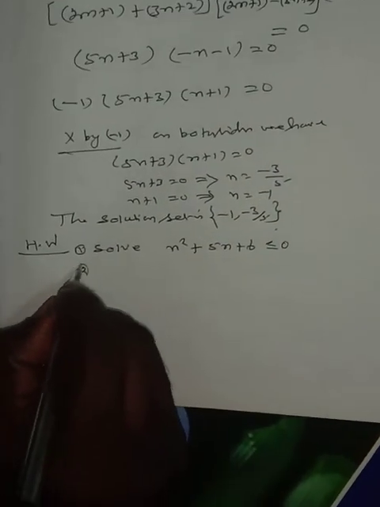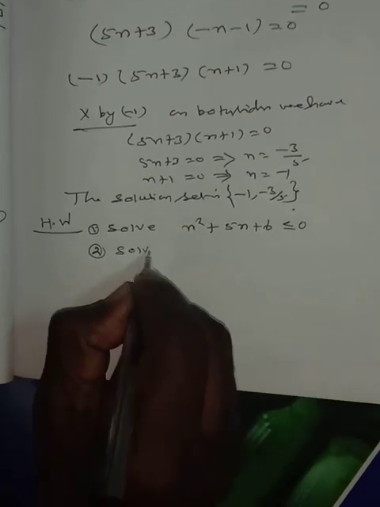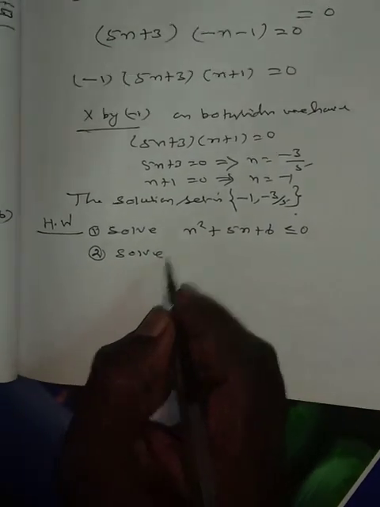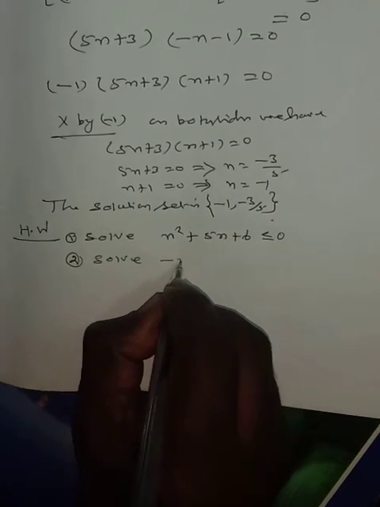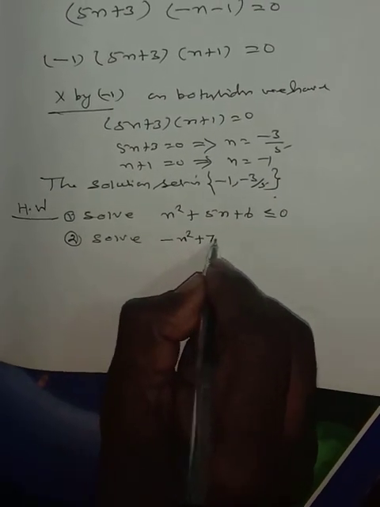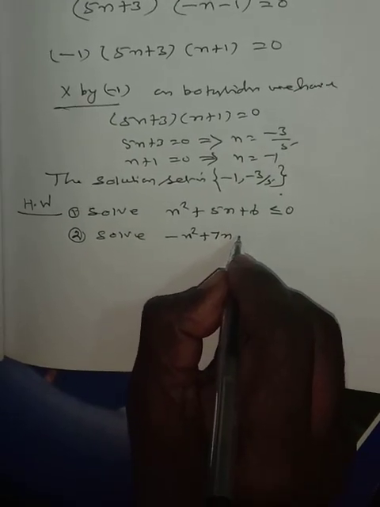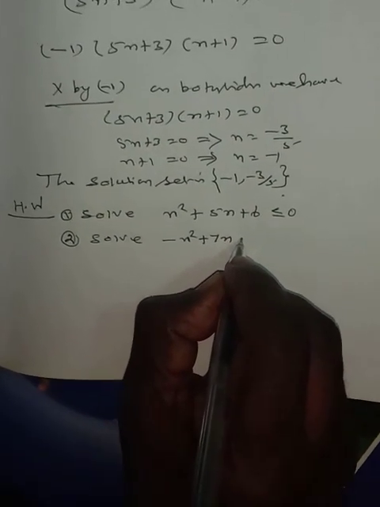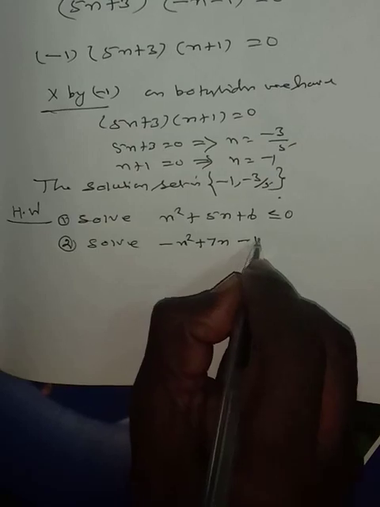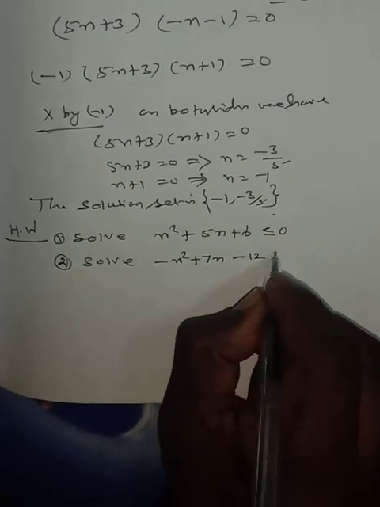Number 2, solve minus x square plus 7x minus 12 greater than or equal to 0.